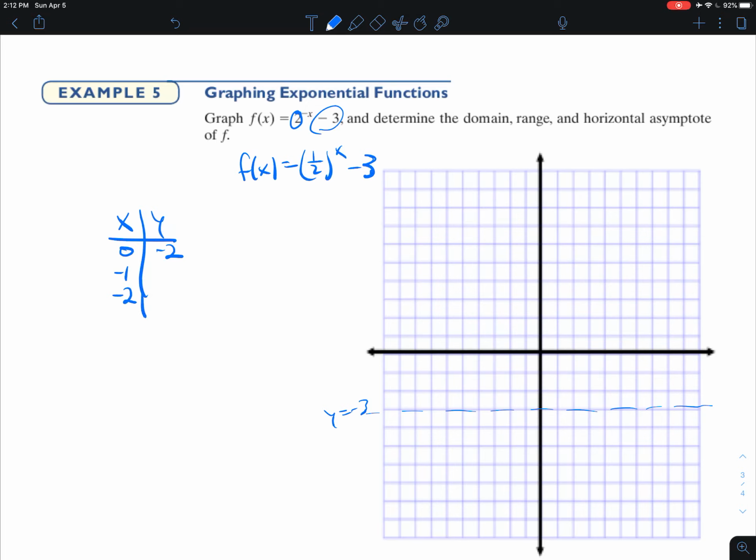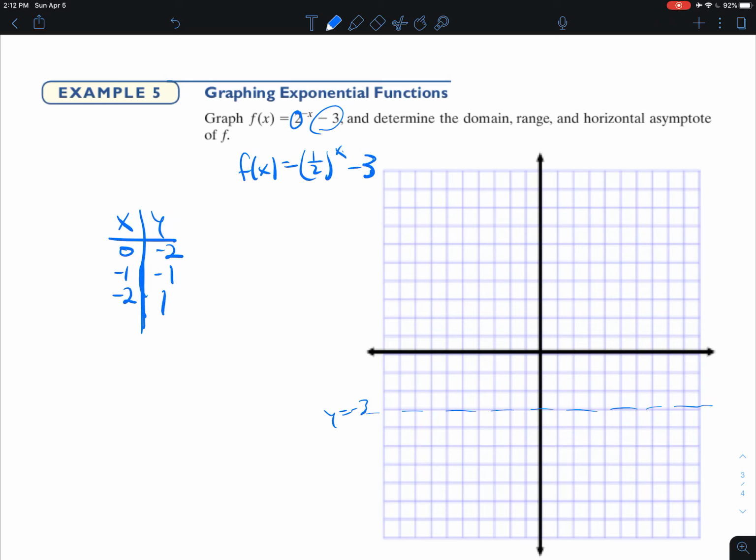And because it's a fraction, I'm actually better off plugging in negative values. So if I plug a negative 1 in here, 1/2 to the negative first is 2. 2 minus 3. Negative 2 in here, 1/2 to the negative second is 4. 4 minus 3, 1.